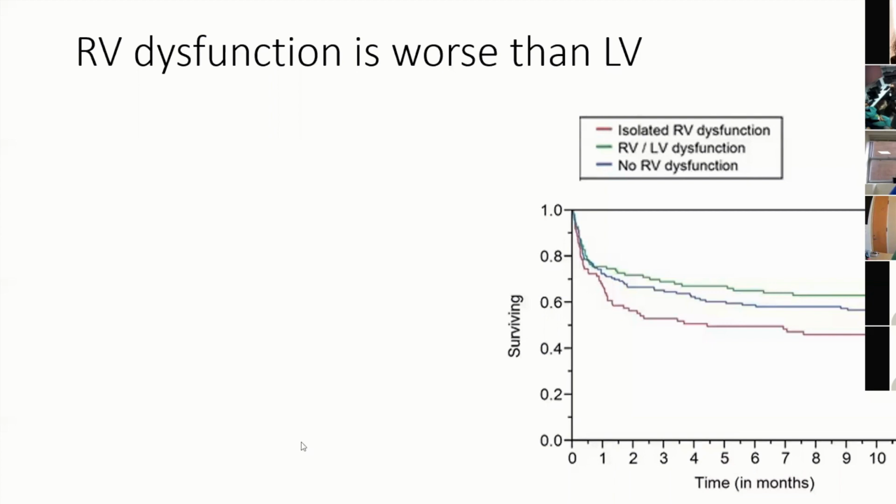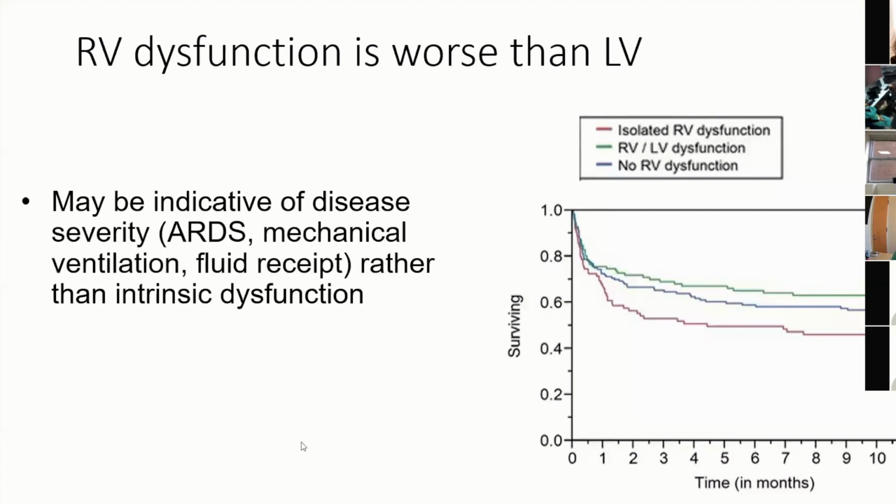One thing that we postulate is that probably some component of this RV dysfunction is not really a measure of RV dysfunction. It's a measure of disease of the lung. So whenever you see RV dysfunction, you should be wondering, am I really seeing intrinsic myocardial dysfunction, or am I seeing ARDS? Am I seeing mechanical ventilation?